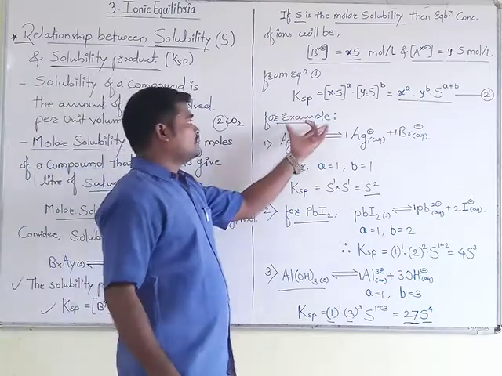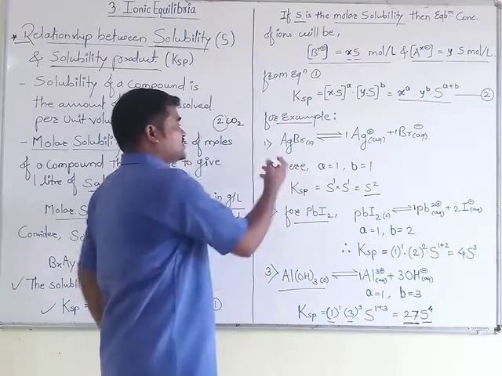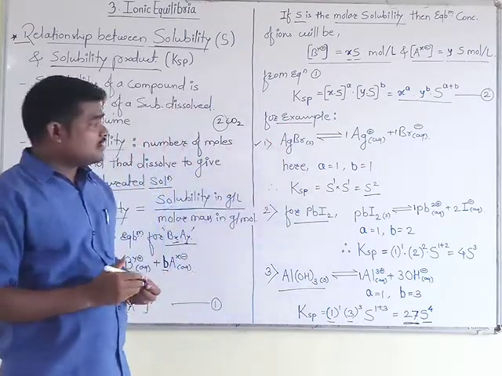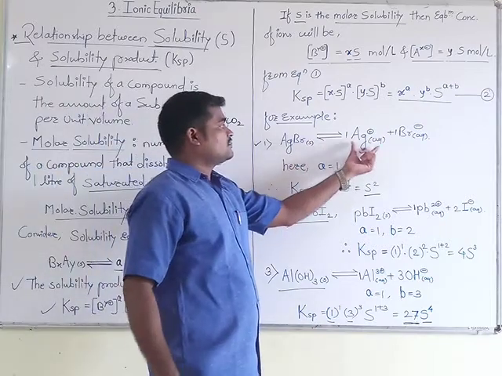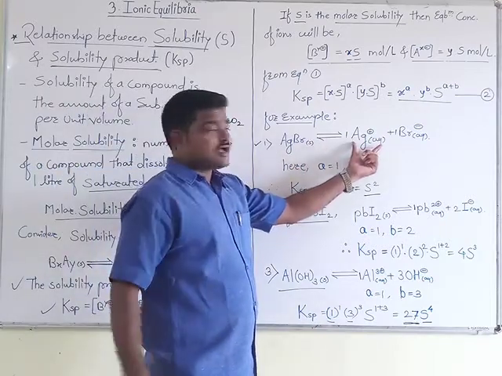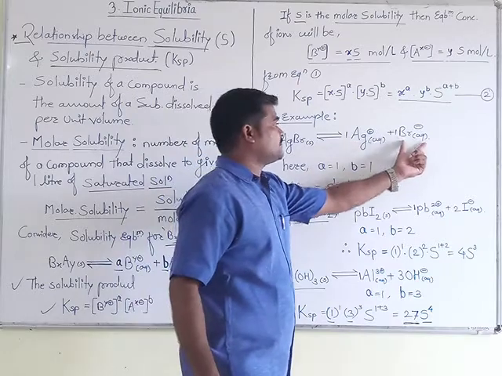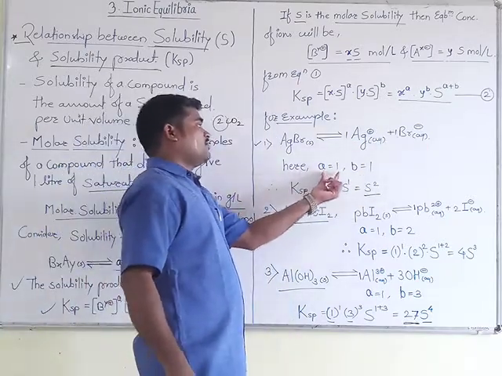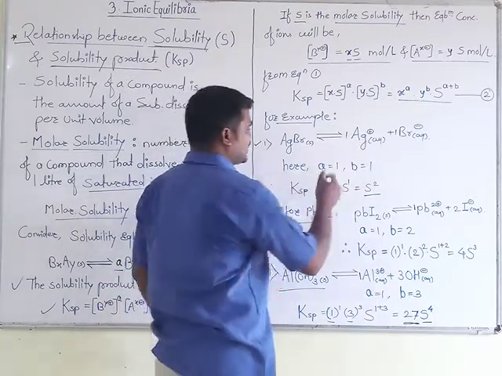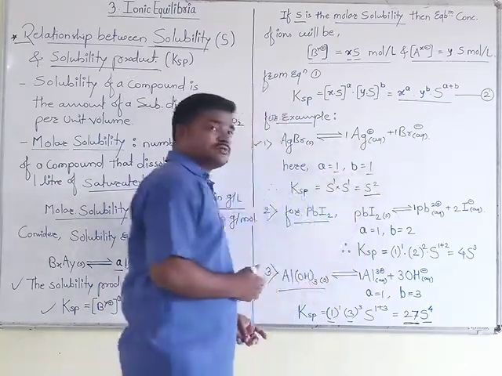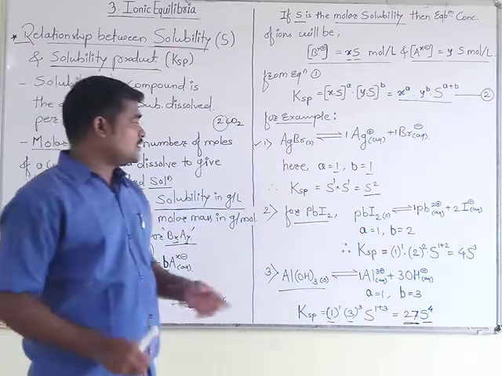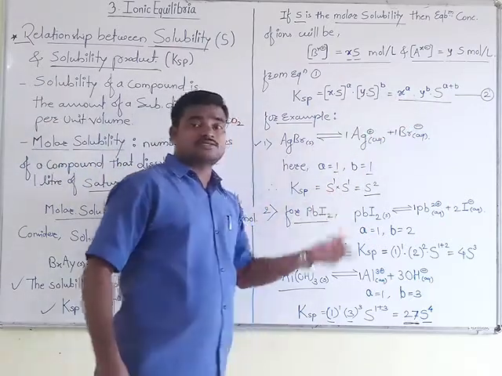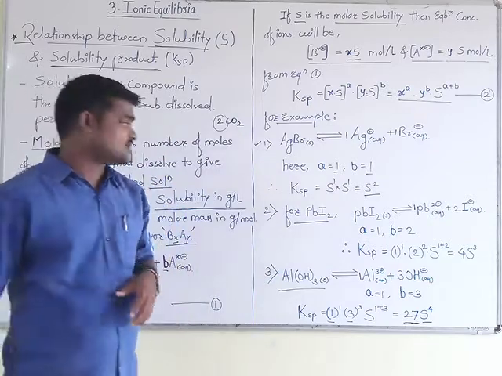Now the first example that we have taken is AgBr salt, when it ionizes like this: Ag+ and Br-. Here both the coefficients are a = 1 and b = 1, and according to that formula we have to calculate its solubility product, that is Ksp.